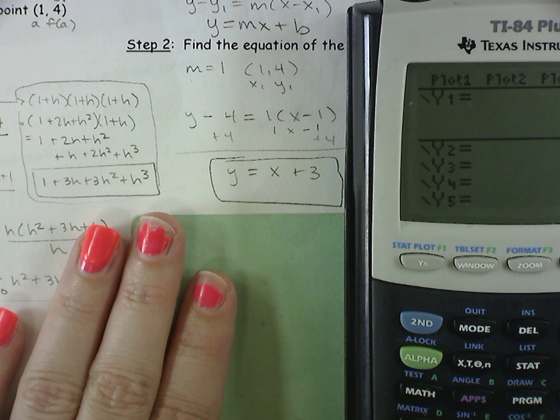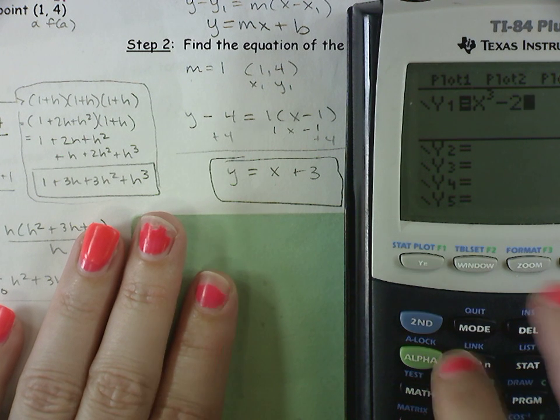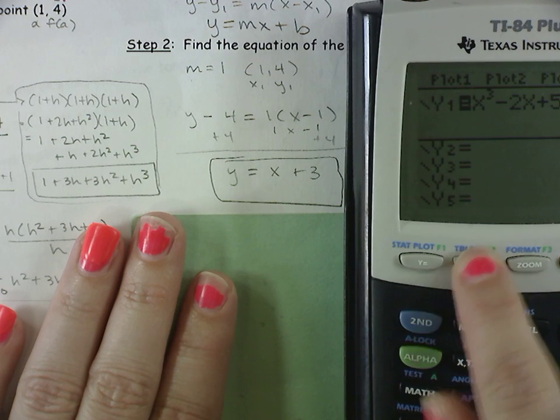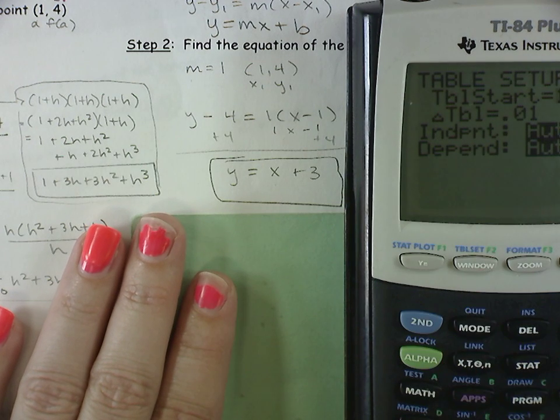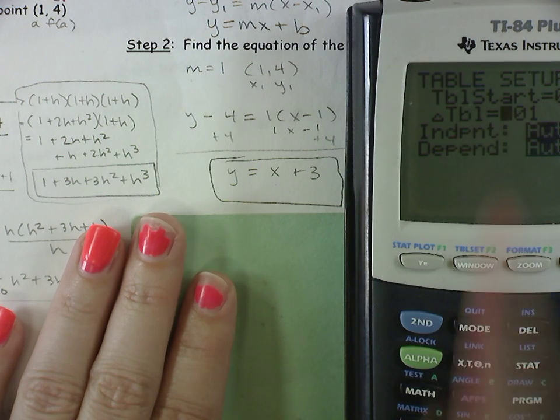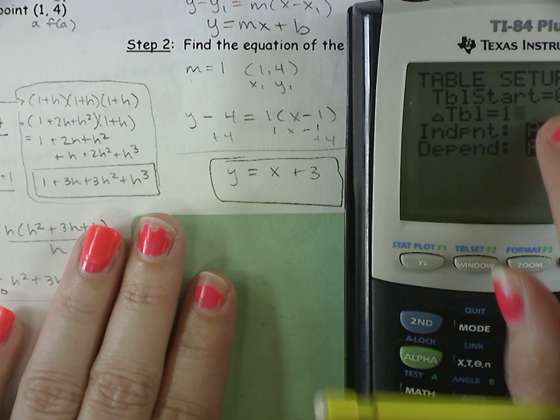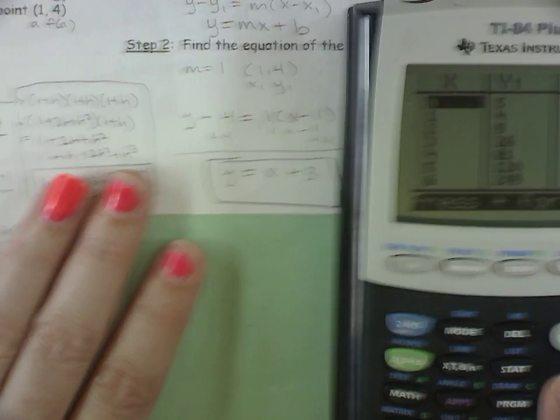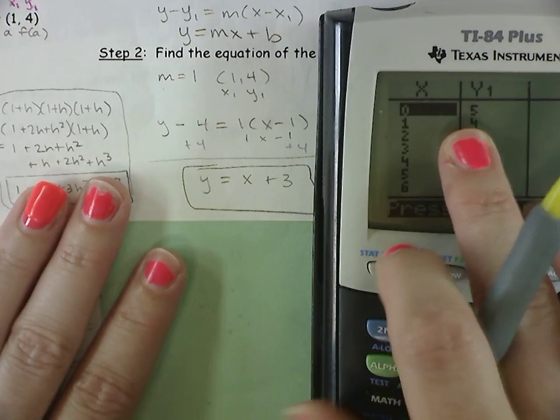For your other graph, I am perfectly fine if you want to use your graphing calculator to find your values. Minus 2x plus 5. Okay, and then your table set, it might be a little funky from what we were doing before, so I'm going to go back to 0 and 1.